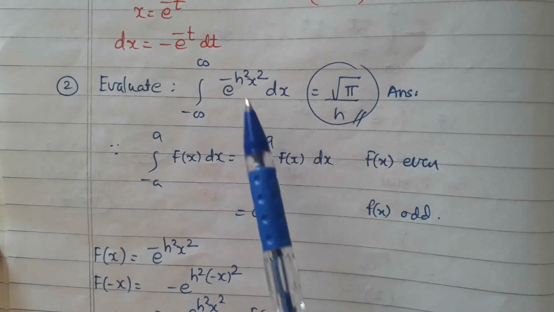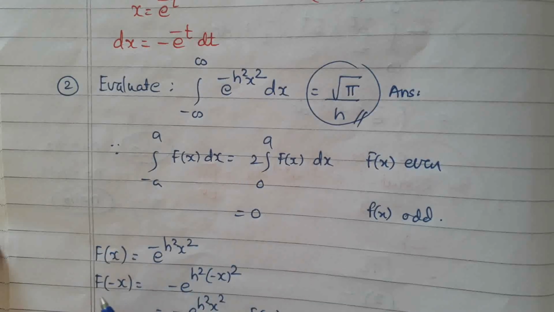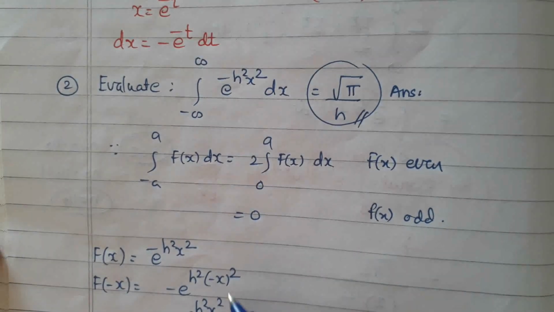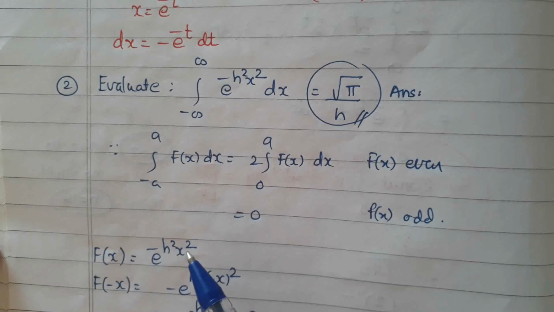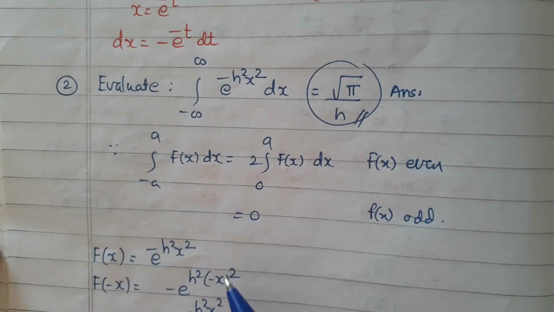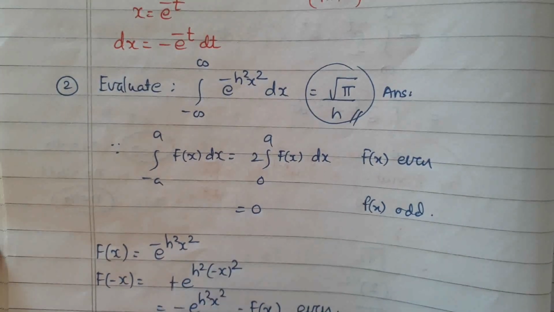Here in this integral, the function is e raised to minus h square x square. Replace x by minus x.